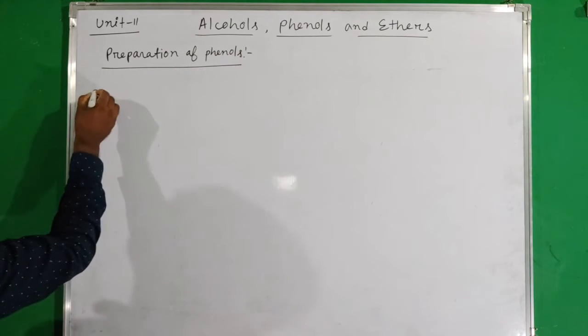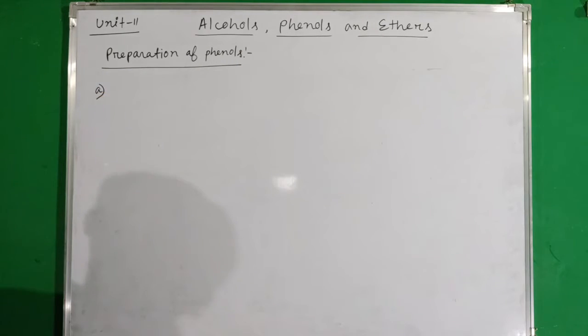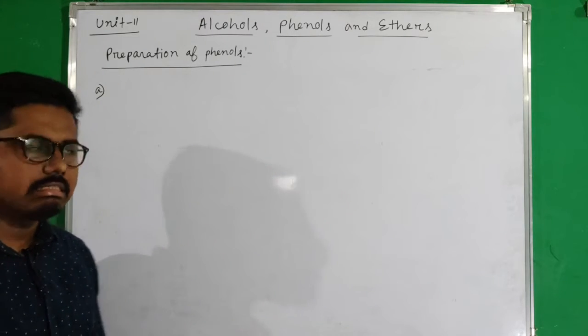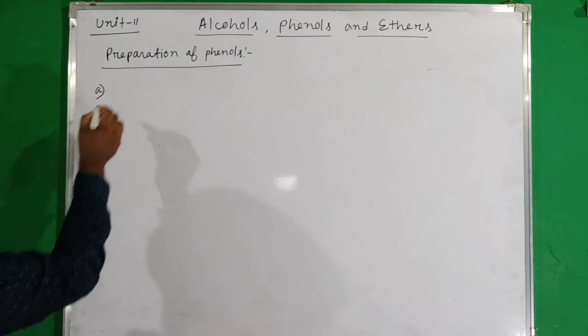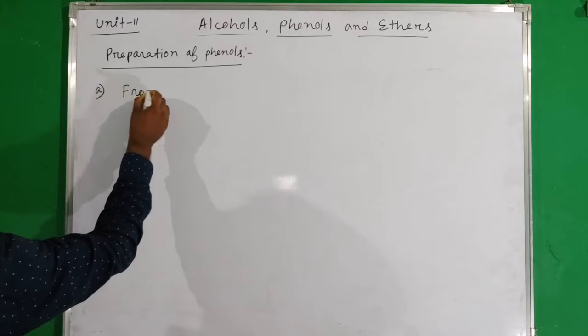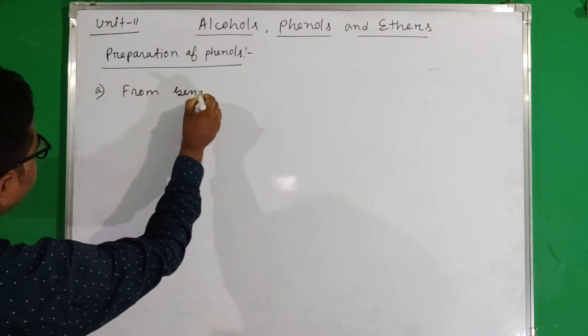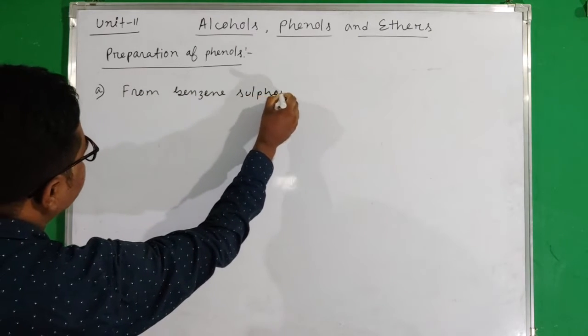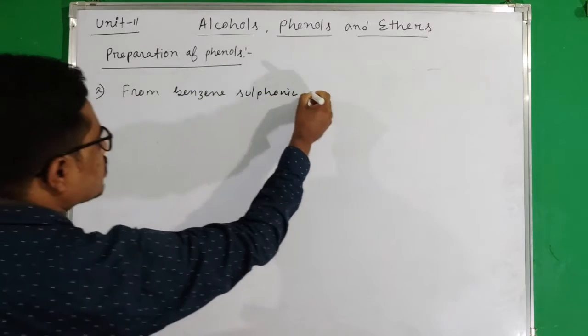So the first method by which phenol is prepared is from benzene sulfonic acid.